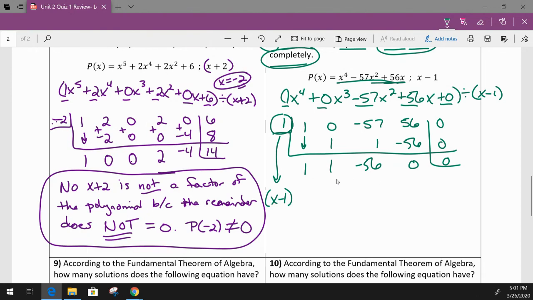And then these numbers here will give us the remaining polynomial, keeping in mind that we started with x to the 4th. This 1 will be the coefficient for our x to the 3rd term. And then this one will be our coefficient for x squared. And then the negative 56 will be our coefficient for x. Now we could put a plus 0, but it really is not necessary.